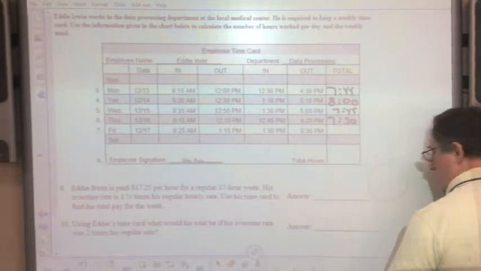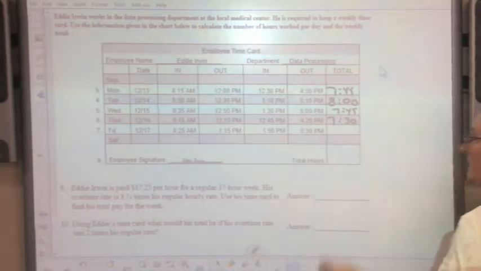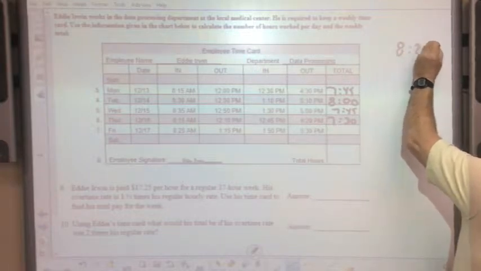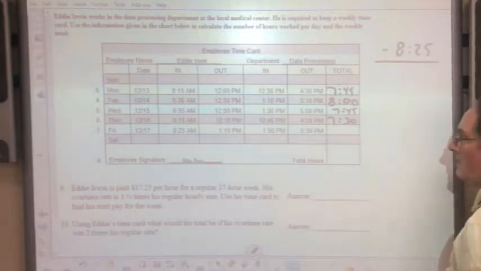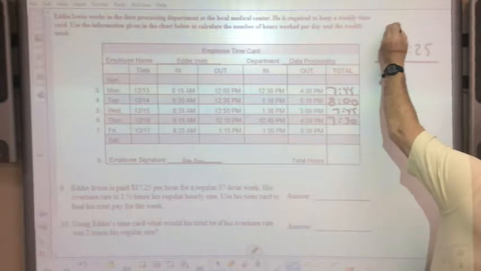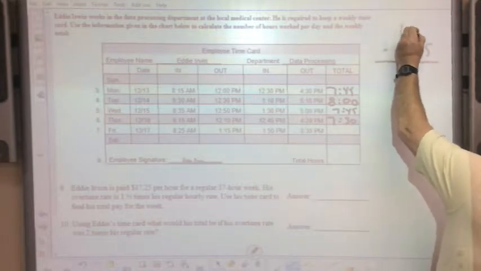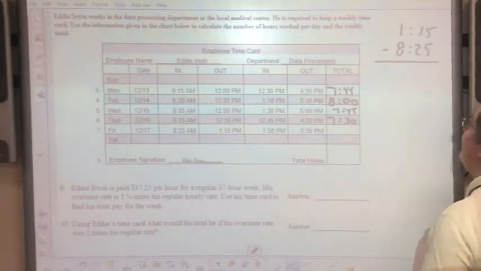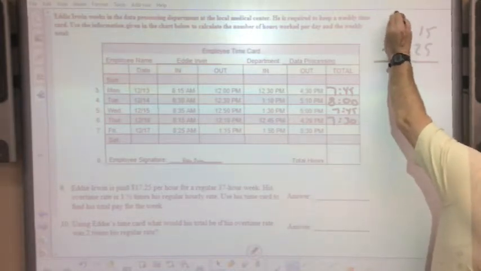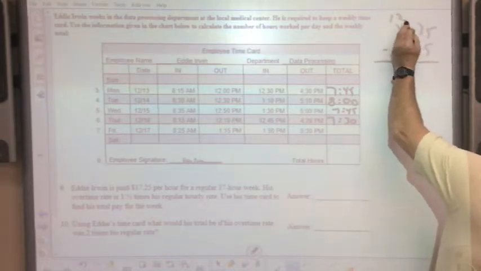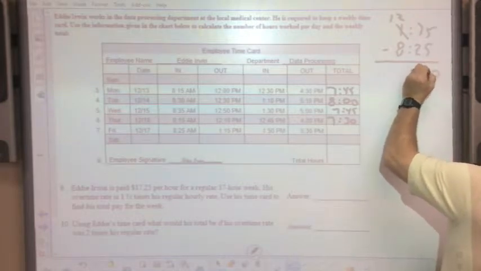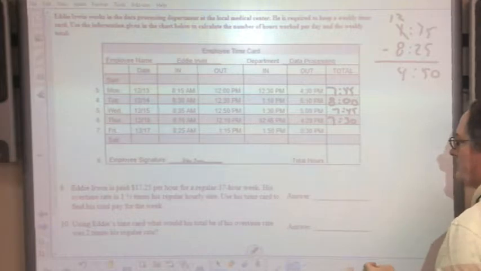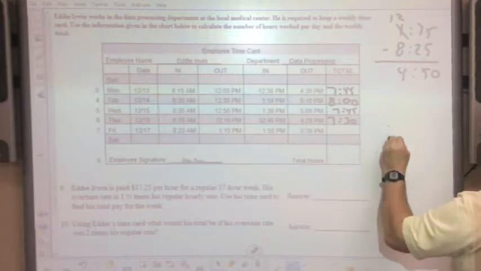And then on Friday, the start time was at 8:25. You work till 1:15, so we're going to have to borrow. And when you borrow, you're going to borrow an hour, so 1 hour before that's 12. Add 60 to 15 gives you 75. 12 minus, so 4 hours and 50 minutes in the morning.